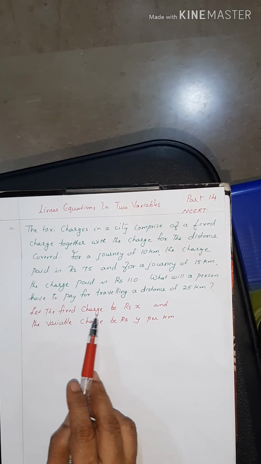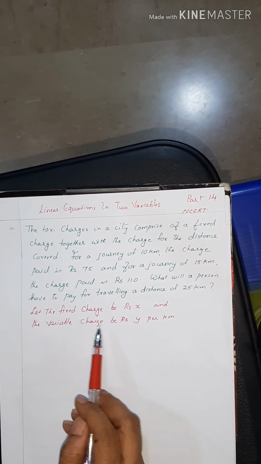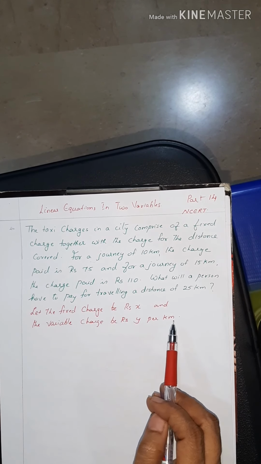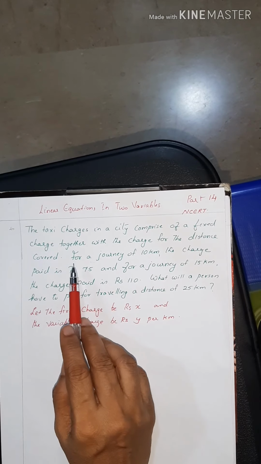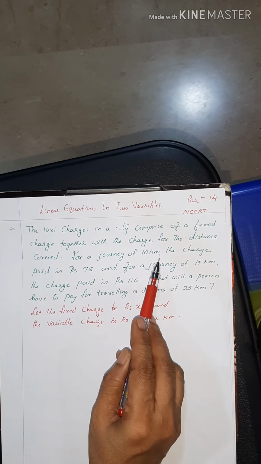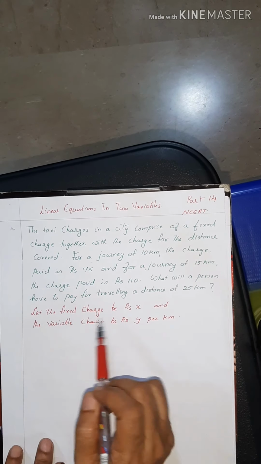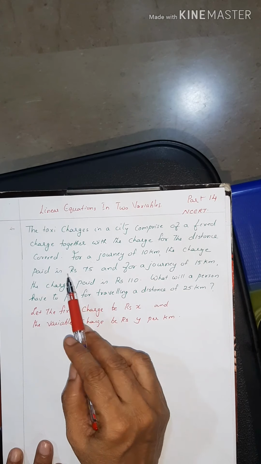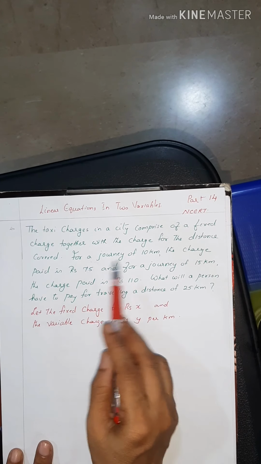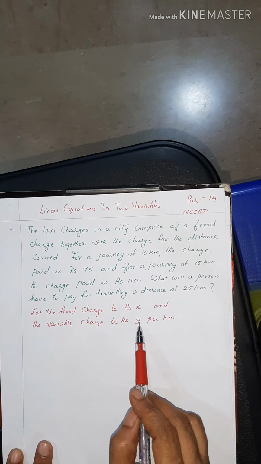So, let the fixed charge be rupees x and the variable charge be rupees y per kilometer. Now, the total journey is 10 kilometers. So, there is a fixed charge and the variable charge is y rupees per kilometer.